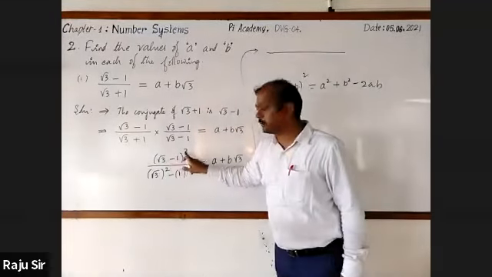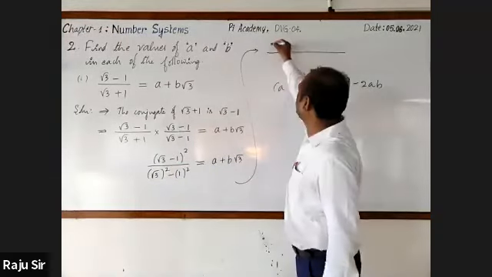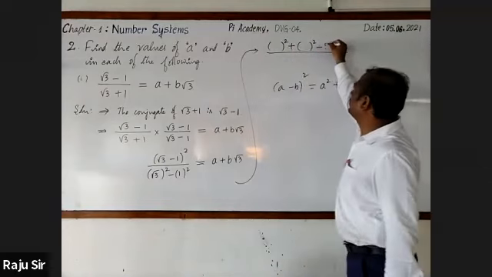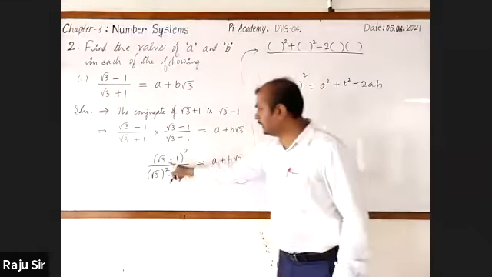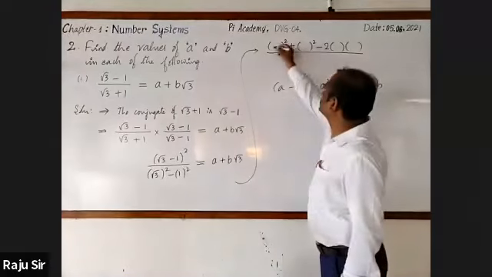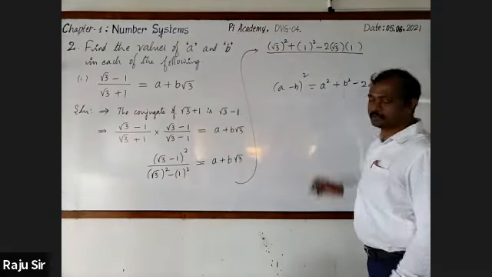(Root 3 minus 1) whole square is of the form (a minus b) whole square. It is a square plus b square minus 2ab, where a is root 3, b is 1.